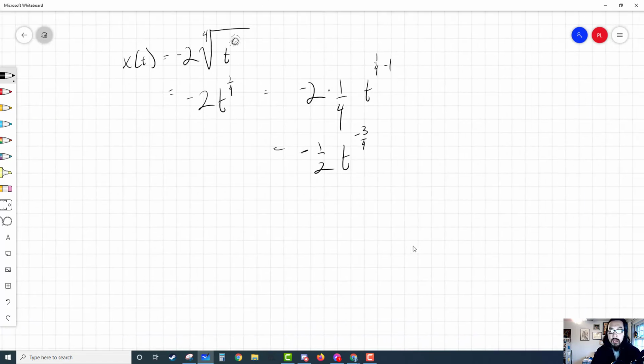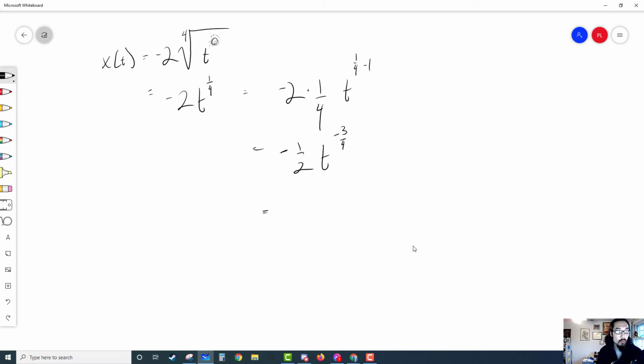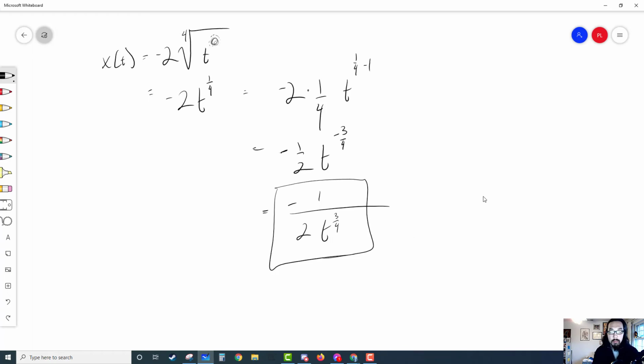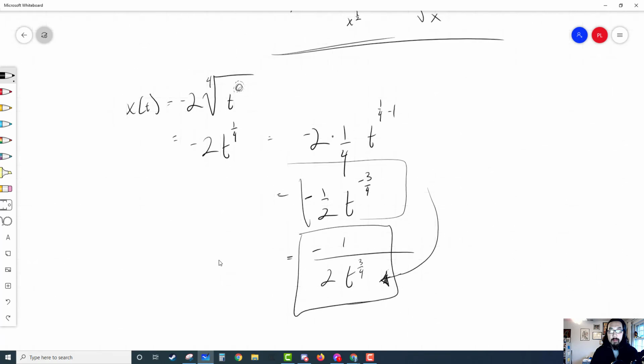You can keep it like that, but if you want to clean it up a little bit, we can say that this is negative 1 divided by 2 t to the 3/4. Personally, between you and me, I like leaving it like this, but in case our math denotes that we cancel stuff out, this is 100% okay. All right, wonderful. So that's that.